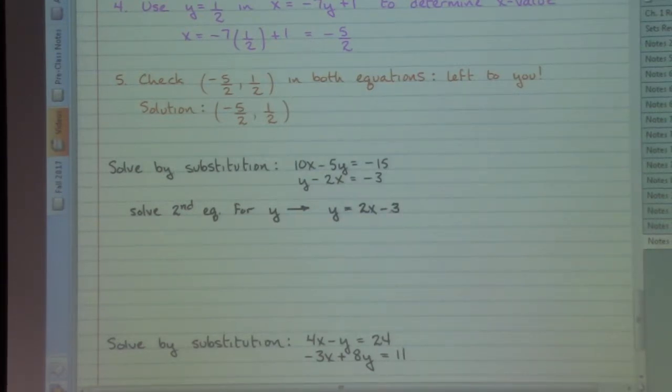Add 2x to both sides, we get y is equal to 2x minus 3.